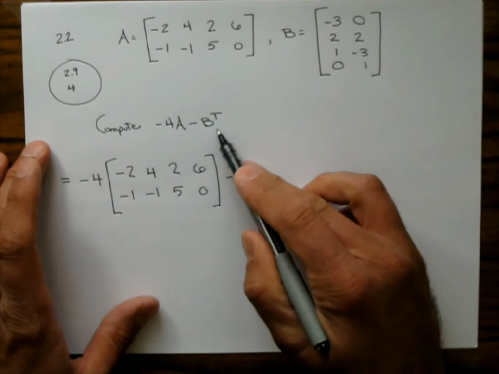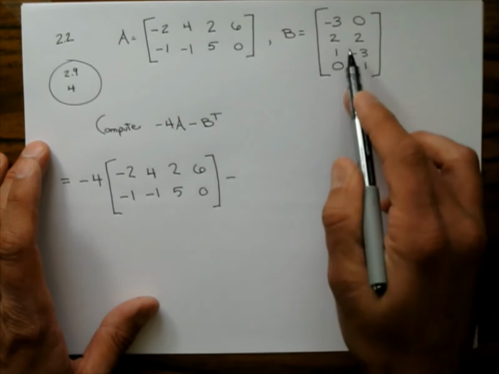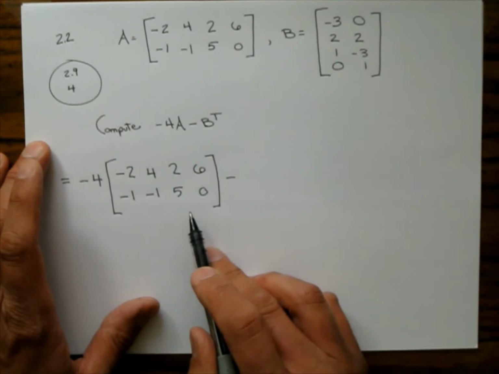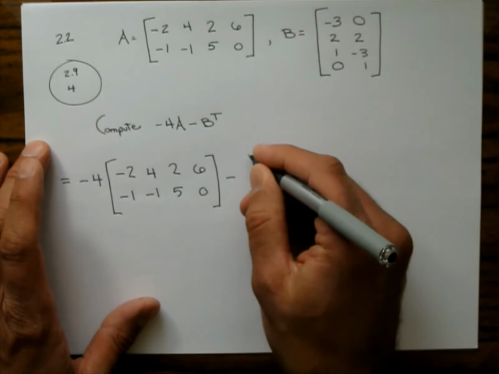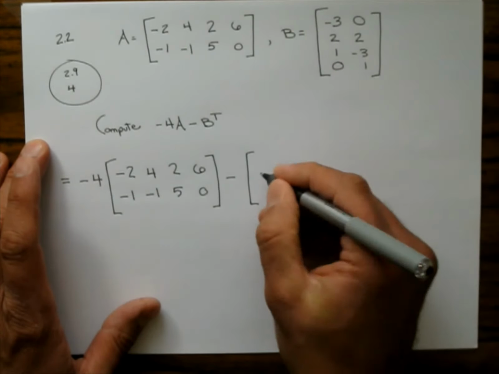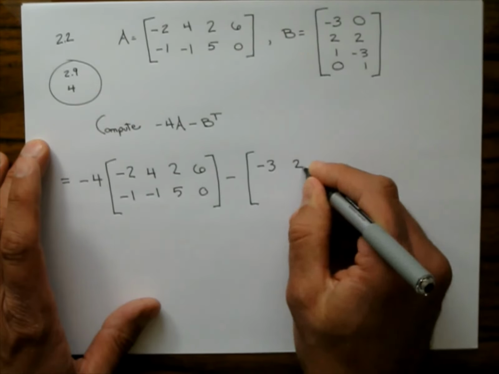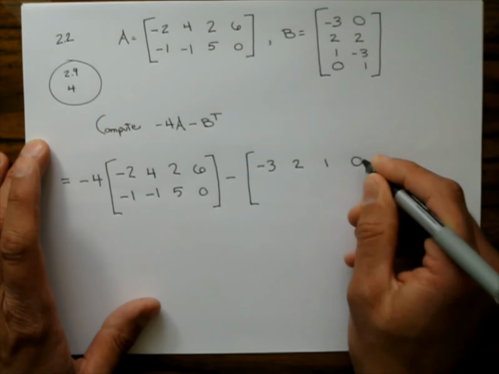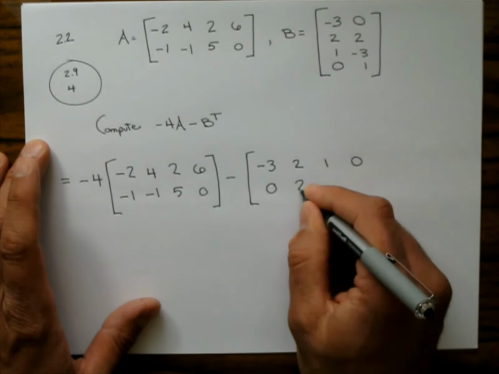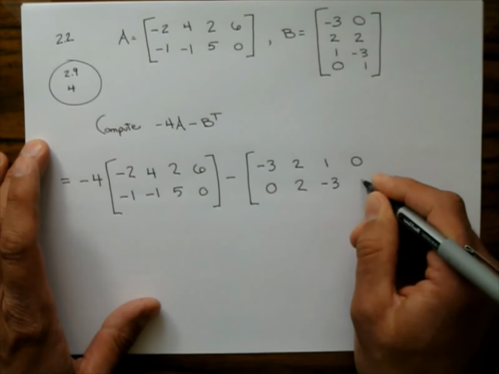Good thing it says B transpose, because if it just said minus B, you wouldn't be able to subtract, because the sizes have to be the same when you add or subtract. So here it goes. I'm going to take the transpose of this. I'm going to write this column as a row, -3, 2, 1, 0, and then this column as the last row, 0, 2, -3, 1.